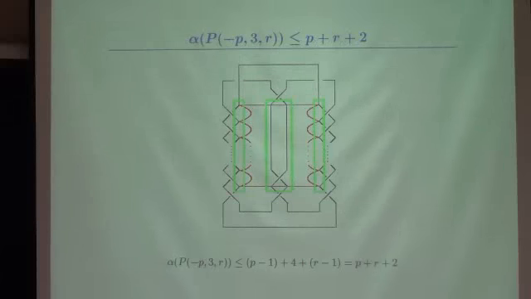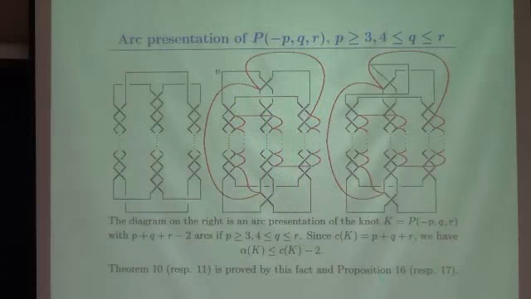And here's the counting. This case is more complicated than the previous ones. In this case, P is bigger than or equal to 3, Q is bigger than 4, and R is bigger than or equal to Q. Here, only this part is P minus 2 left-handed crossings.